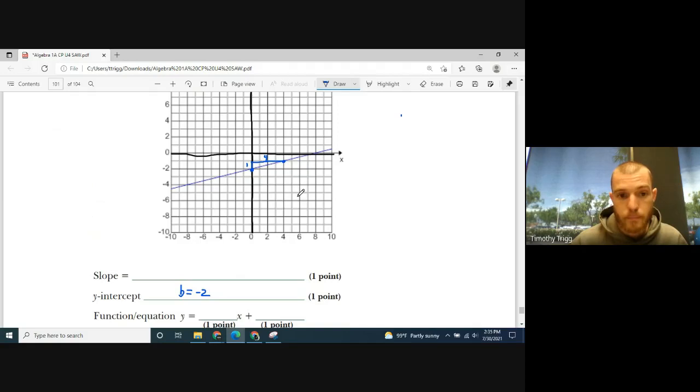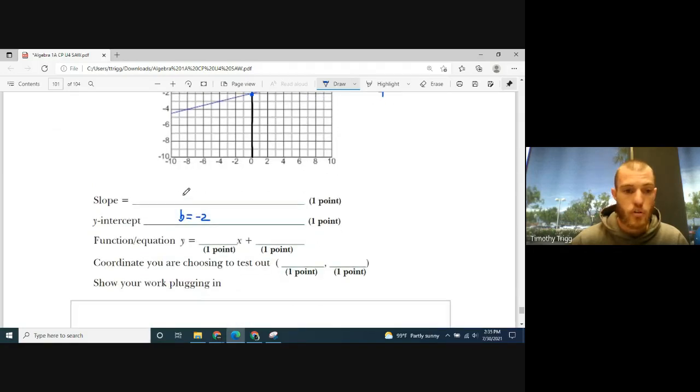Now, if you instead used different points and you rose 2 and ran 8, for example, it'll reduce down to the same slope. So that's fine. Our rise was 1, our run was 4, rise over run, 1/4. So our slope, our m, is 1/4.